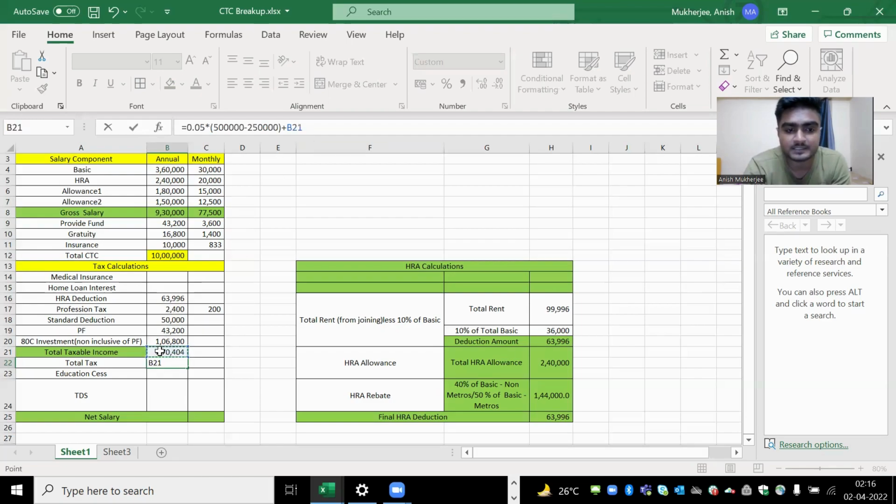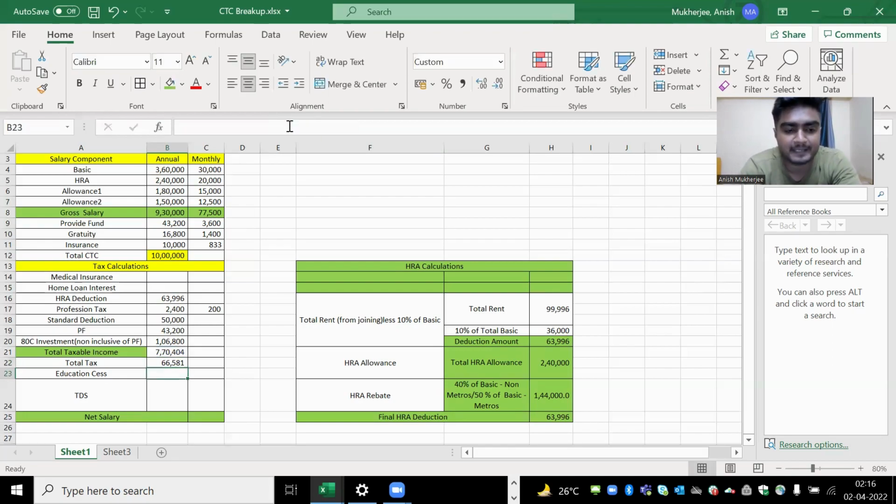So we'll be subtracting this from 5 lakhs, because the entire 20% will be calculated based on how much you're exceeding 5 lakhs. How much is it that you're exceeding on 5 lakhs? So if I'm just doing 20% of that, your total tax is coming as 66,581 rupees that you need to pay in a year.